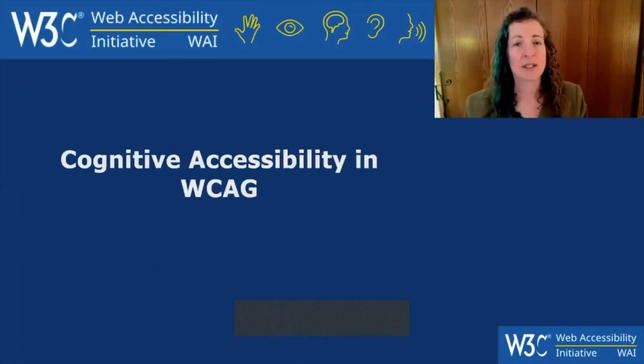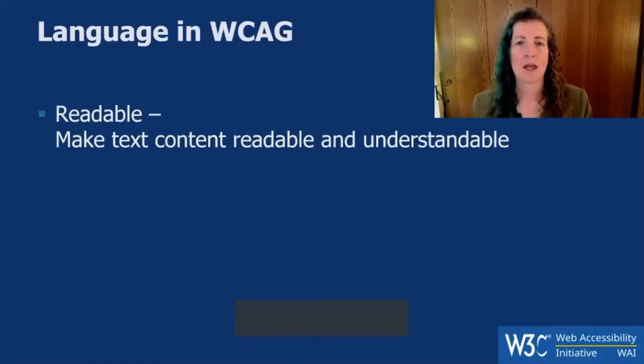Next, I want to tell you a little about what we have on coverage of cognitive accessibility in WCAG. One of the things that's covered is language. There's a guideline that's about making language readable.